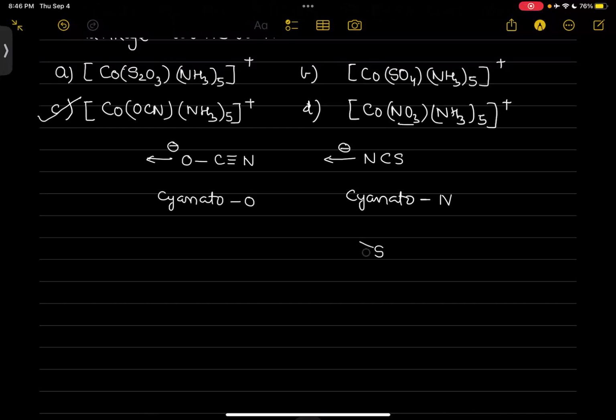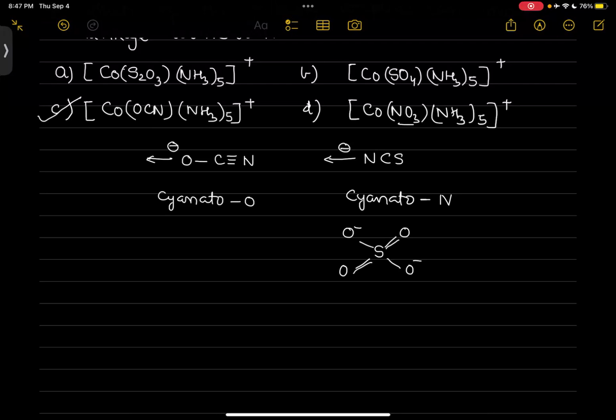Okay, sulfate is this one. Can it be ambidentate? Normally, there are two oxygens with O minus and two oxygens with double bonds, right? So can it be ambidentate? No. It is only the oxygen which is carrying the negative charges.